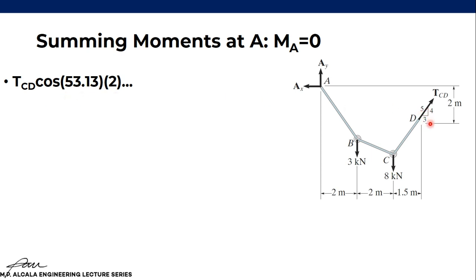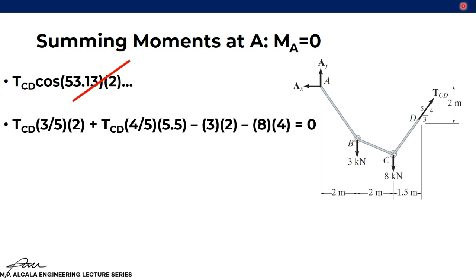But then here comes the crucial part: we don't want to use that. As I told you earlier, in order for me to get the x component of tension CD, I can simply get this one.